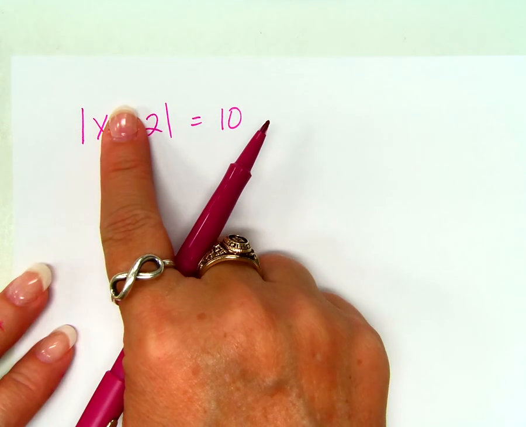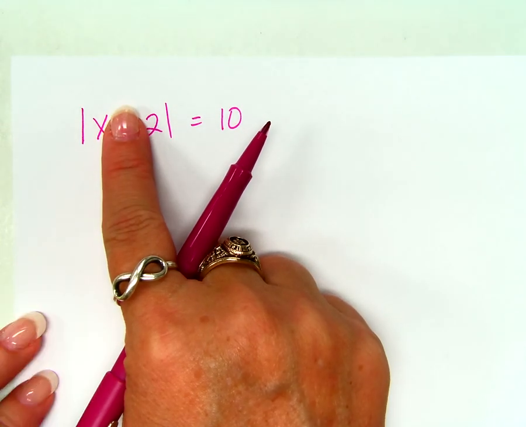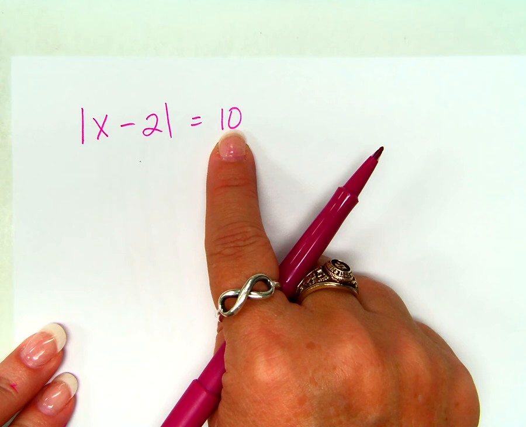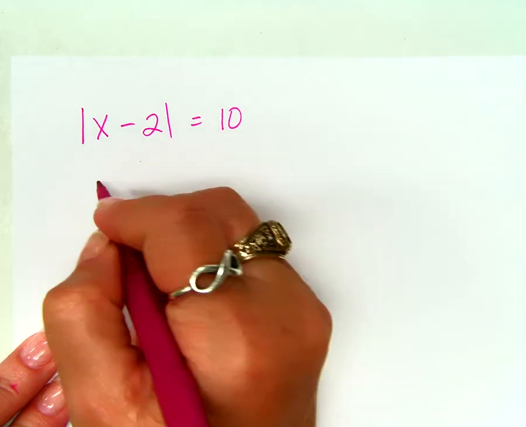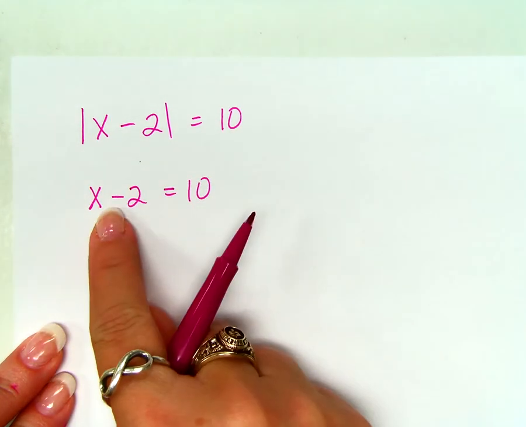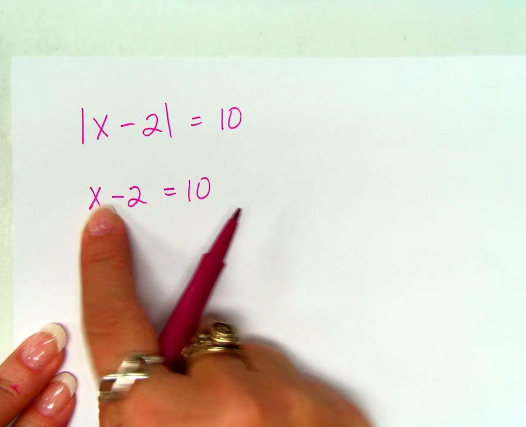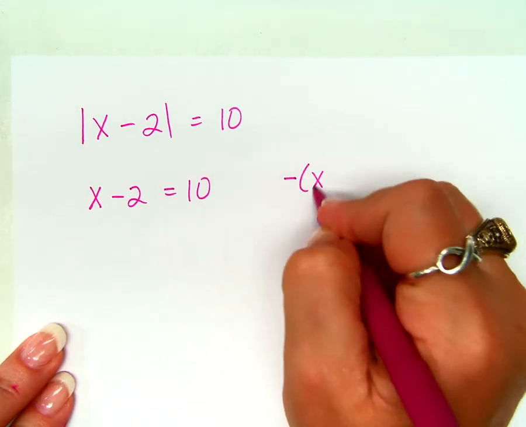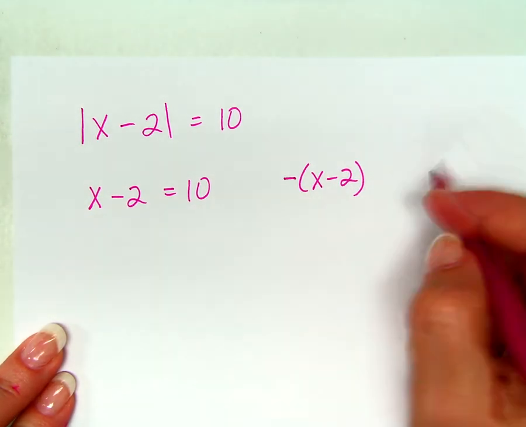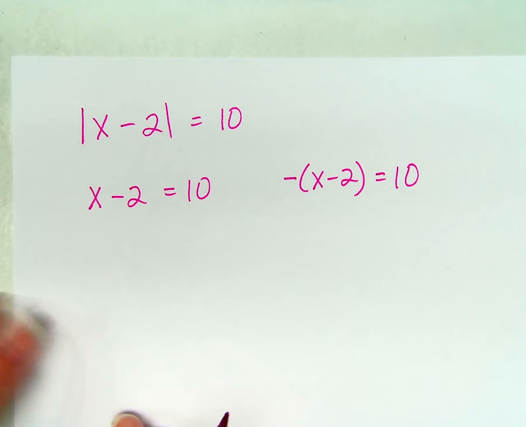So what's inside is allowed to be positive, and what's inside is allowed to be negative. Whatever comes out is always a positive, isn't it? So I have the positive value of what's inside. See how that's just exactly what was in there? And then I have the negative value of what was inside. See, I just changed the sign of what was inside, and I still get 10 right there.